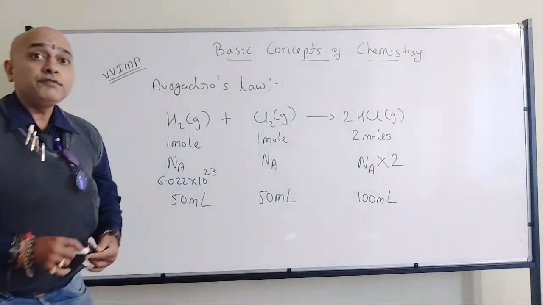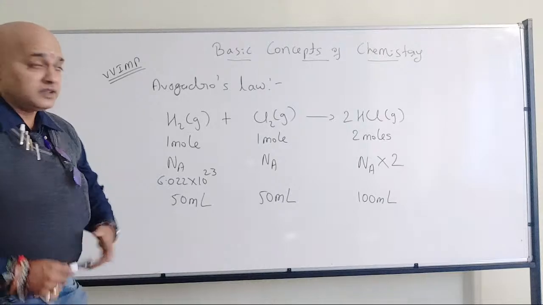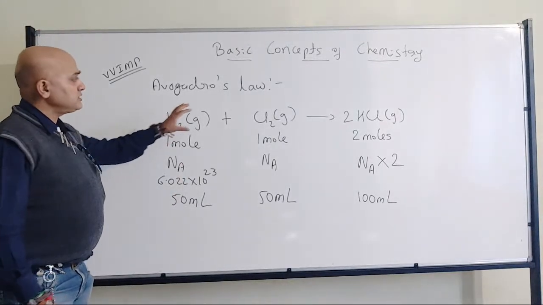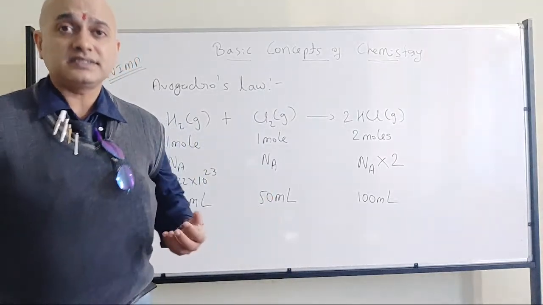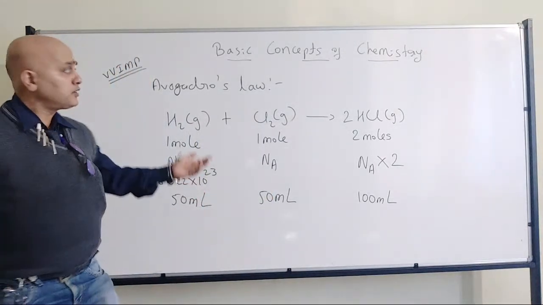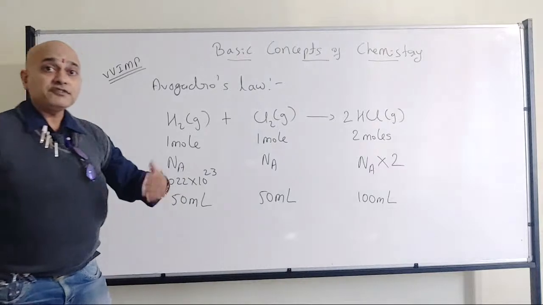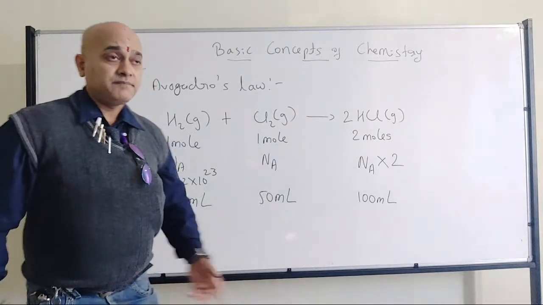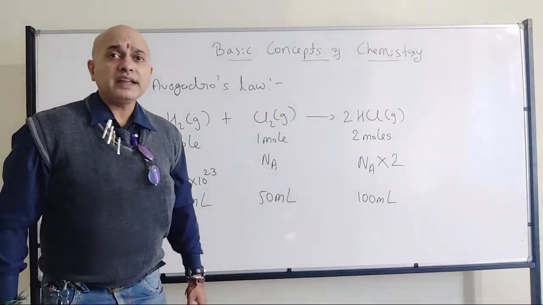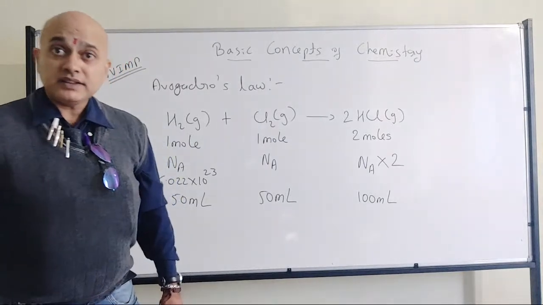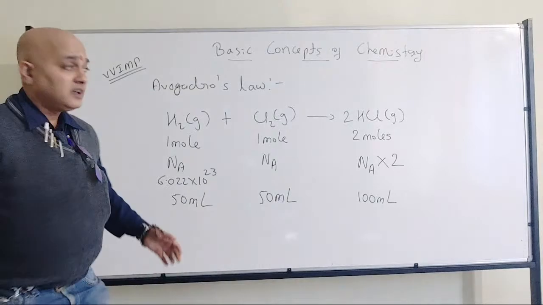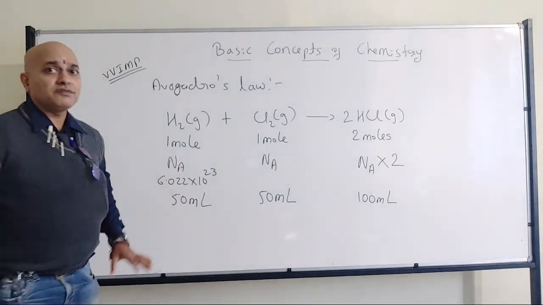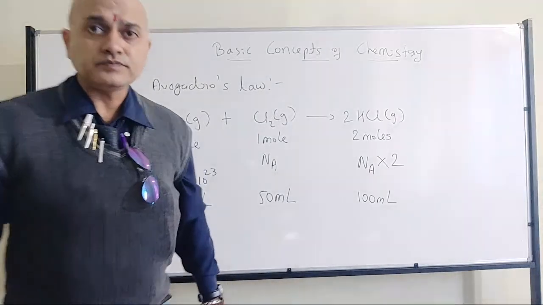Right? If you observe it carefully, compared to hydrogen and chlorine, definitely they will have a difference in their size. Their size will not be same. Same logic is applicable for HCl. But although they have a difference in their size, what can you observe with respect to their volume?